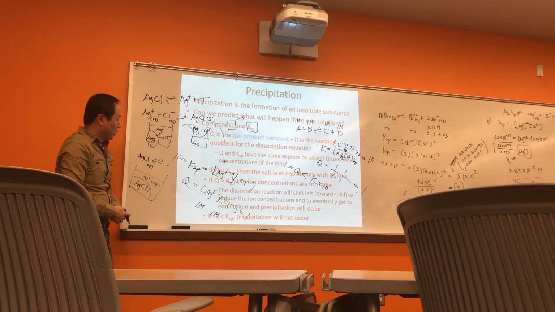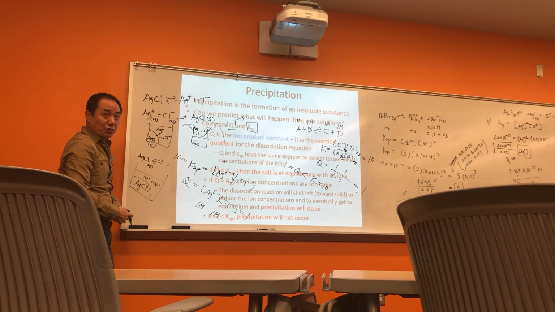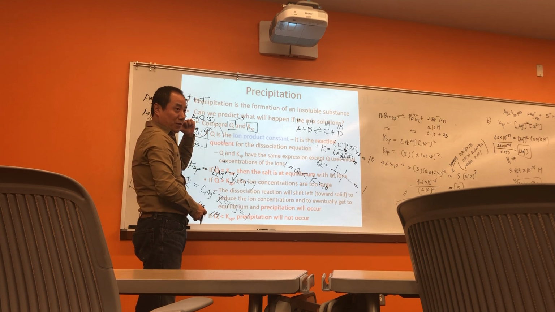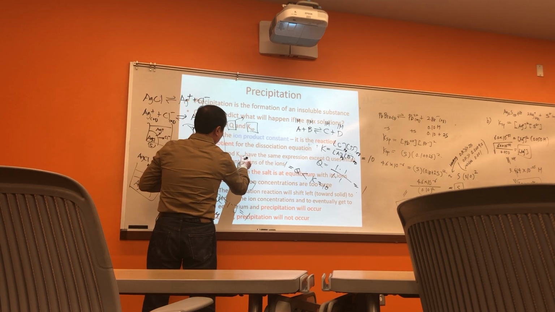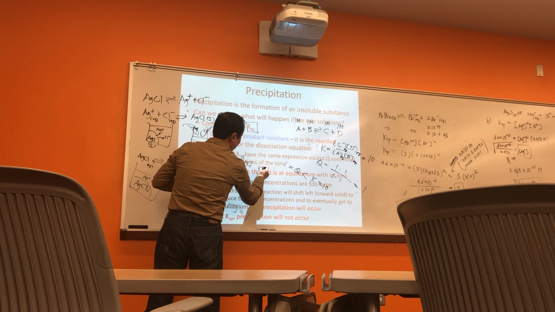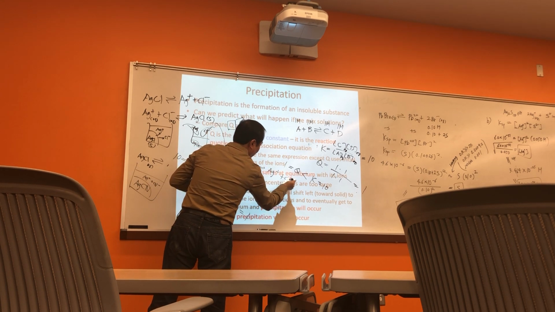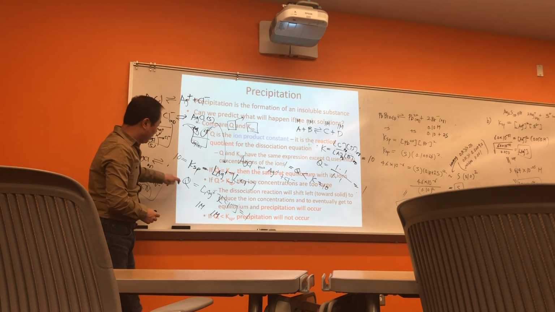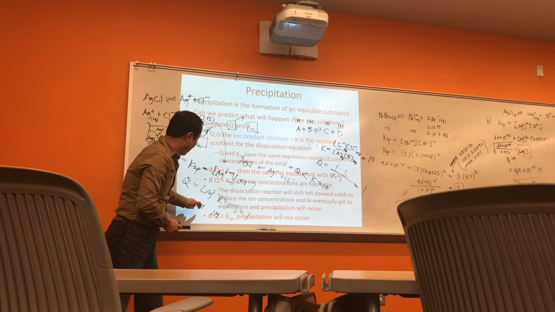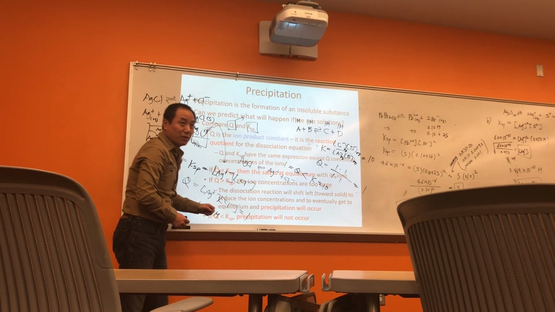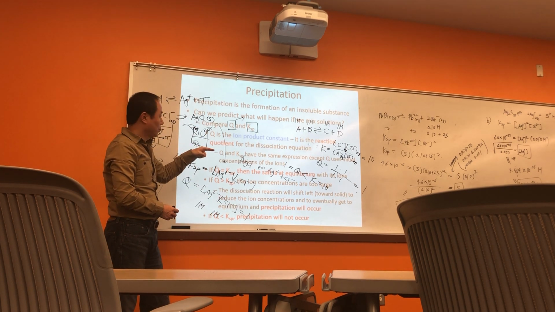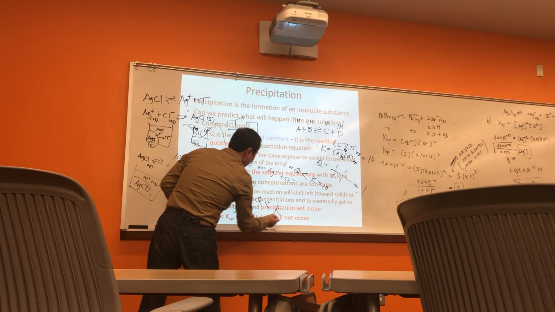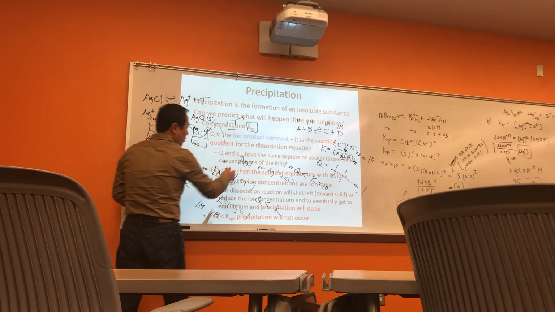So then should the reaction go forward or backward? If KSP is 10, and I have right now 1 molar concentration of each. Forward. Yeah. So Q is less than K, then it should dissolve more.